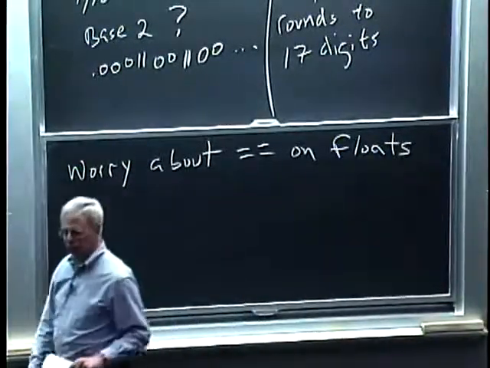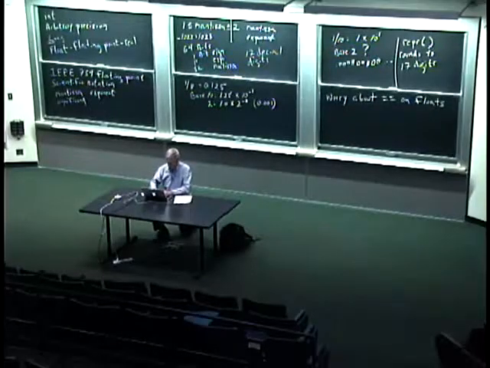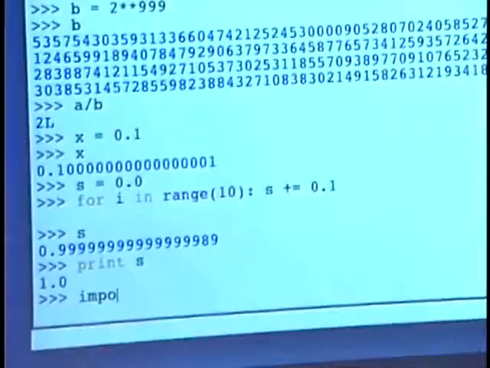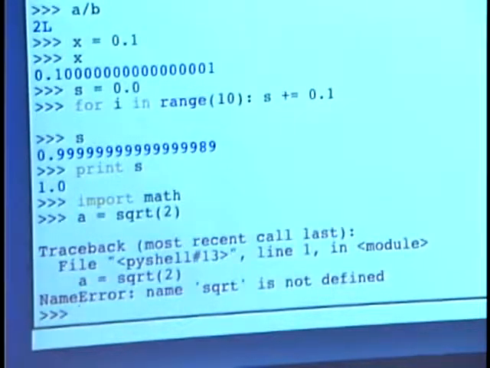Let's look at an example of this. So we've before seen the use of import. So I'm going to import math. Gives me some useful mathematical functions. Then I'm going to set the variable a to the square root of 2. Whoops. Why didn't this work?